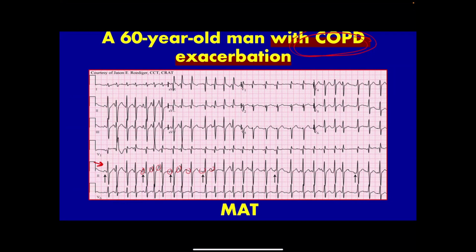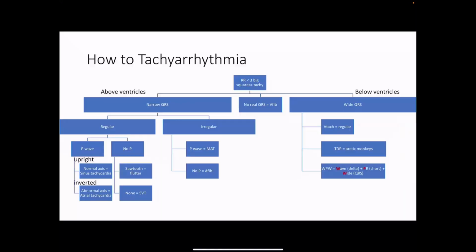No, each time the atria is contracting because of an impulse from a different location. So each P wave looks very different. Okay, so all you need to know is how to recognize it, that it's three or more different P wave morphologies. You can know that it's multifocal atrial tachycardia and know that it's usually associated with pulmonary disease.